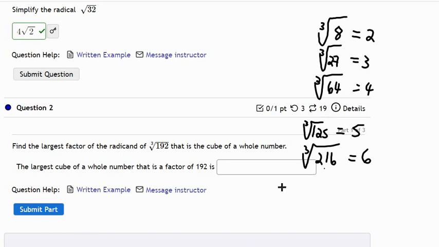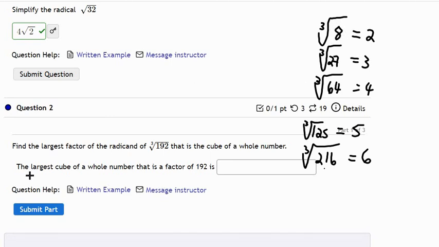I just need to find a number on this list that is a factor of 192. So basically, I just need to work my way through the list until I find a number that 192 goes evenly into. And it turns out that 192 is evenly divisible by 64. 8 goes in also.